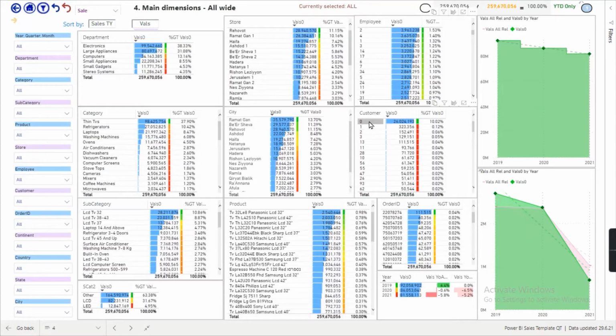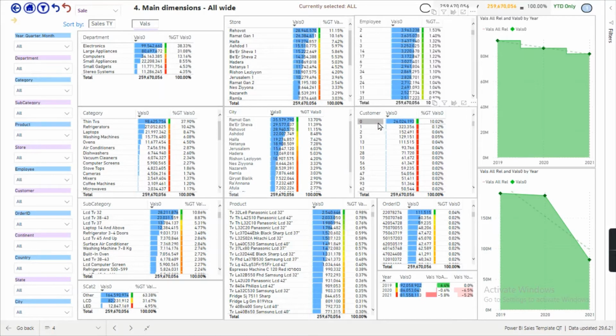Let's see customers. Something interesting here. There is a really big customer. Doesn't make sense that one customer or one company will buy 10% of all the sales of the chain.